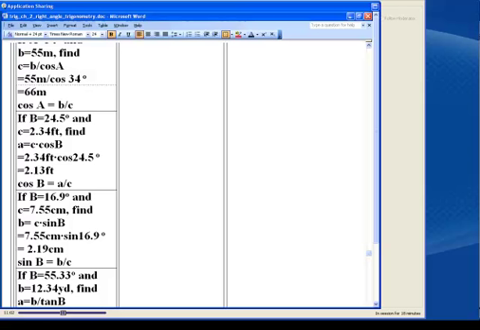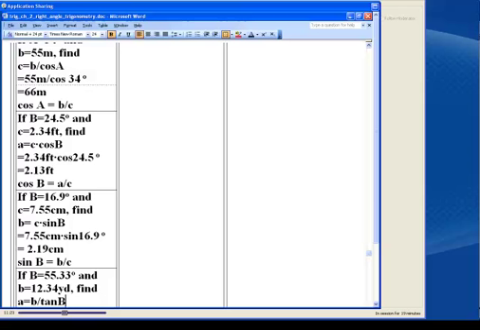Yeah, that's my mistake. I'm going to do it on the side here. 12.34 divided by tangent 55.33. And indeed 8.535, which is the same as what the book lists.